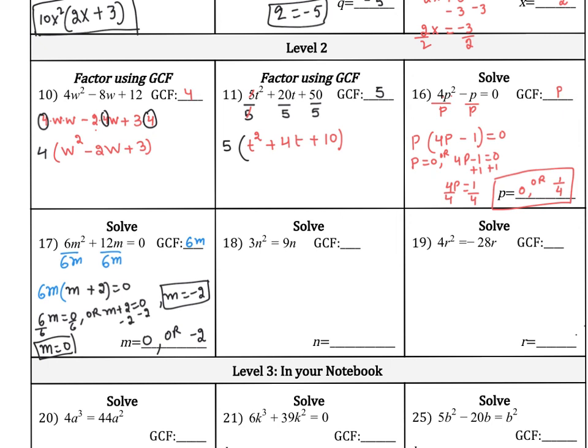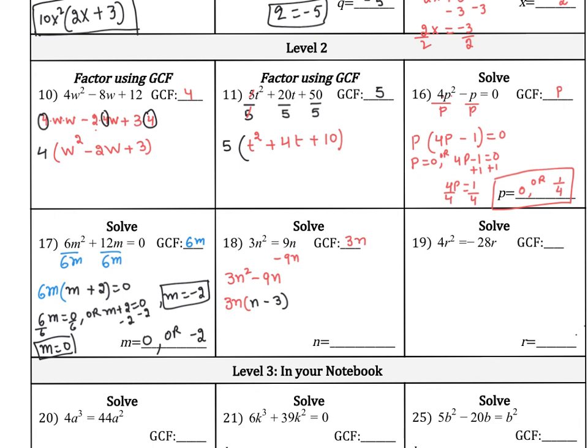For number 18, you need to bring the equation to one side first. So 3n squared minus 9n. The GCF is 3n, so factor the 3n out. Inside you're left with n minus 3, because 3n squared divided by 3n leaves n, and 9n divided by 3n is 3.